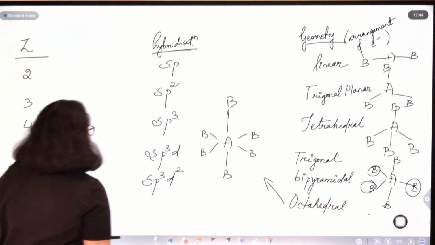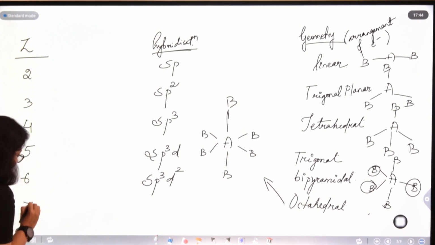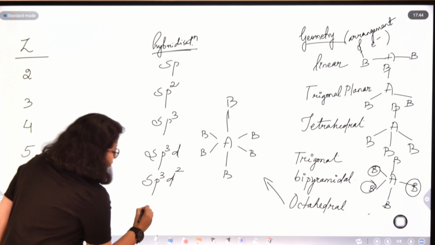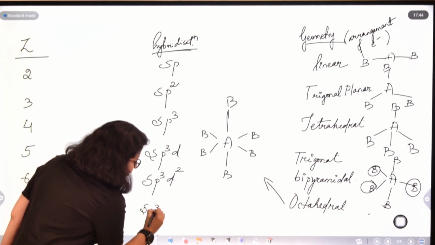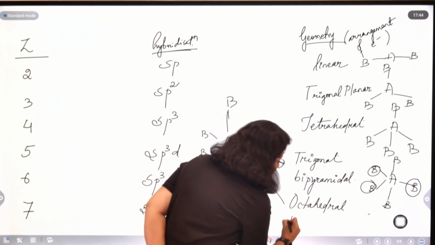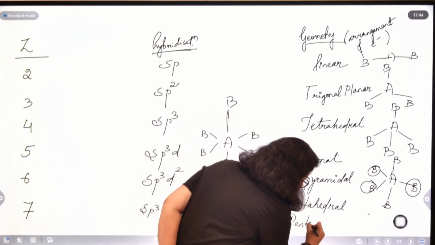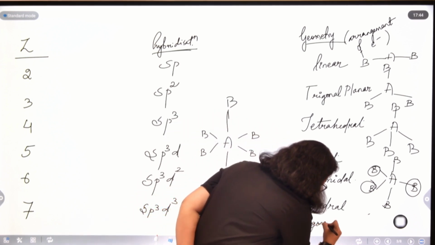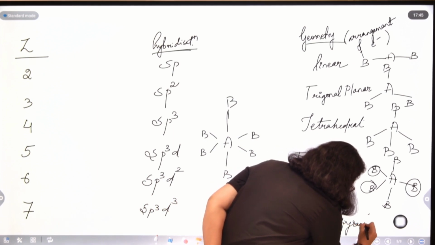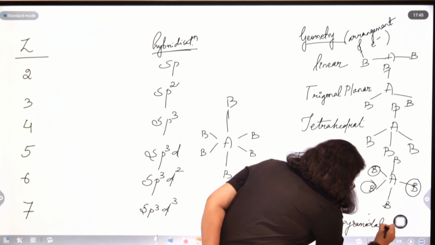Okay, here I'm adjusting. If the value of Z will be 7, the hybridization will be sp3d3 and the shape will be pentagonal bipyramidal.